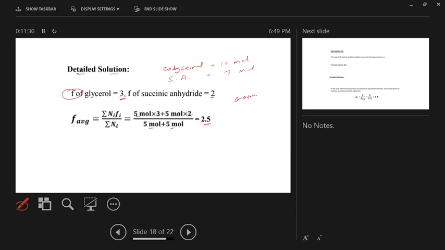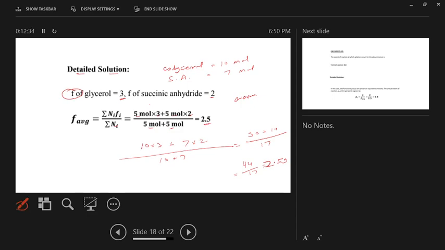I am just going to explain this thing also. So it will be 10 into 3 plus 7 into 2, then 10 plus 7. Here simple average will not work, so you need to do it like this. Then 17, so it will be 44 upon 17, around 2.59.